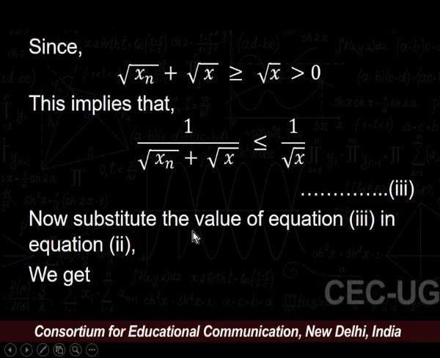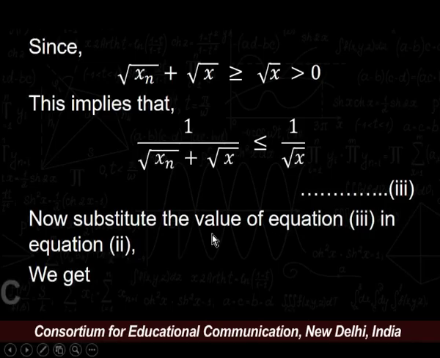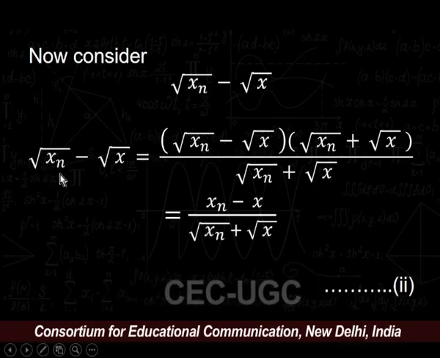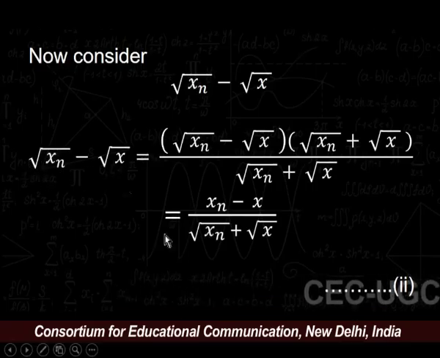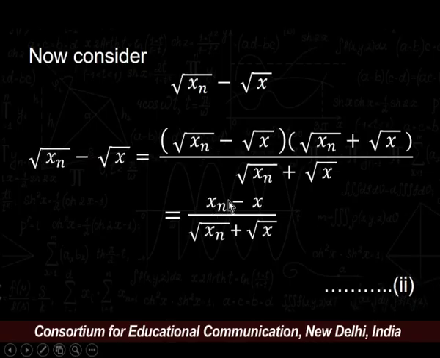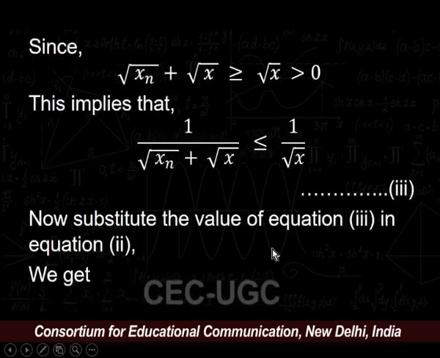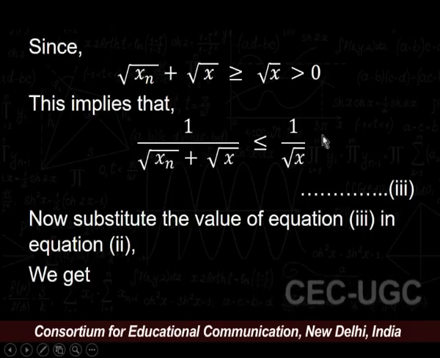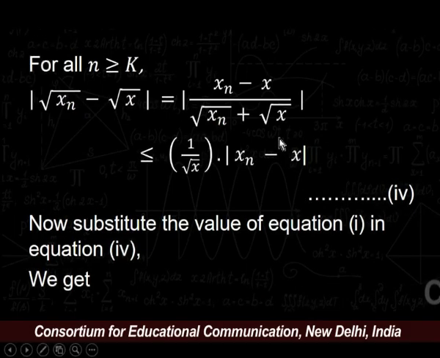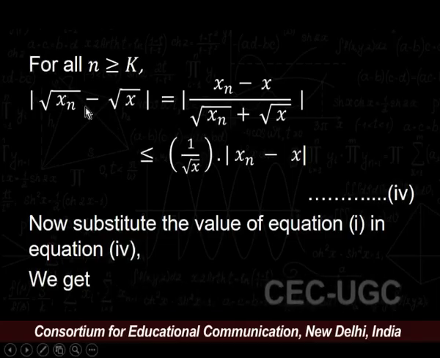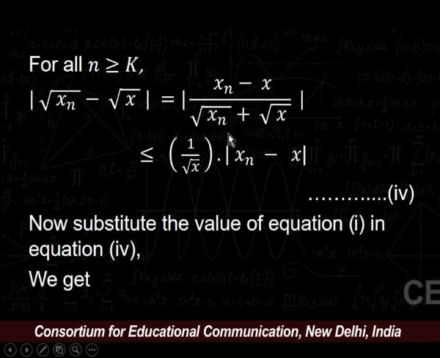Now, substitute equation number 3 in equation number 2. Recall equation number 2: square root of xn minus square root of x is equal to xn minus x upon square root of xn plus square root of x. If we substitute equation number 3 in equation number 2, we get modulus of square root of xn minus square root of x is equal to modulus of xn minus x upon square root of xn plus square root of x.